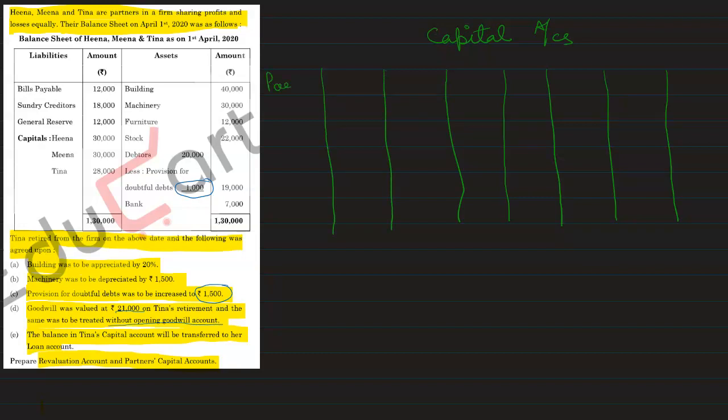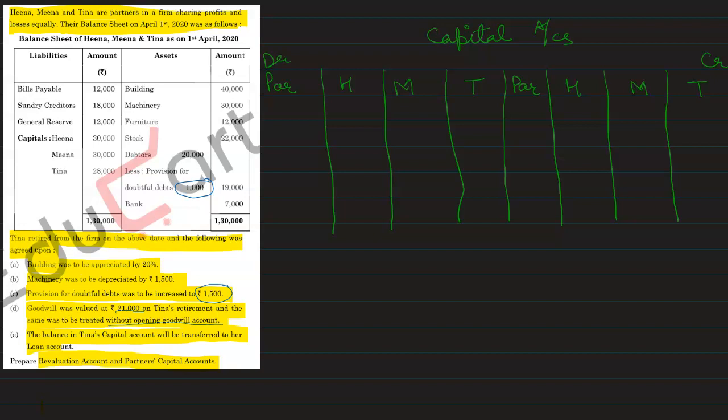This is particulars, Hina, Meena, Tina. Again particulars, Hina, Meena, Tina. You are all aware of the format.